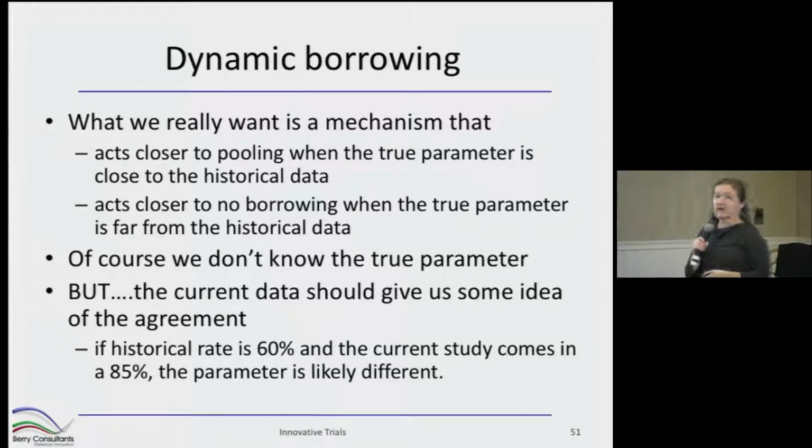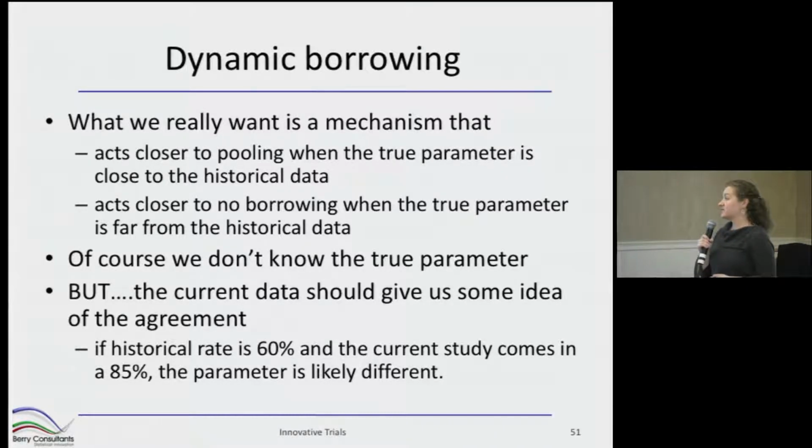Well, as in most cases, the current data is a good way for us to judge. So what we're going to do is let the data help us decide how much we should weight the historical data. If we're running our trial, and in the current study the data comes in around 85%, and remember our historical rate was 60%, that tells us that something has likely changed.